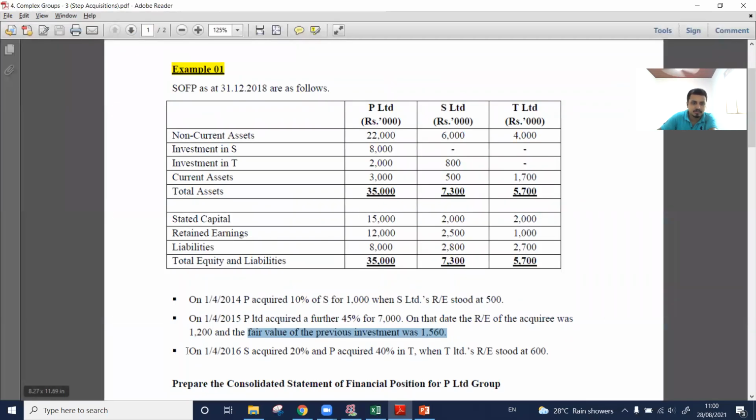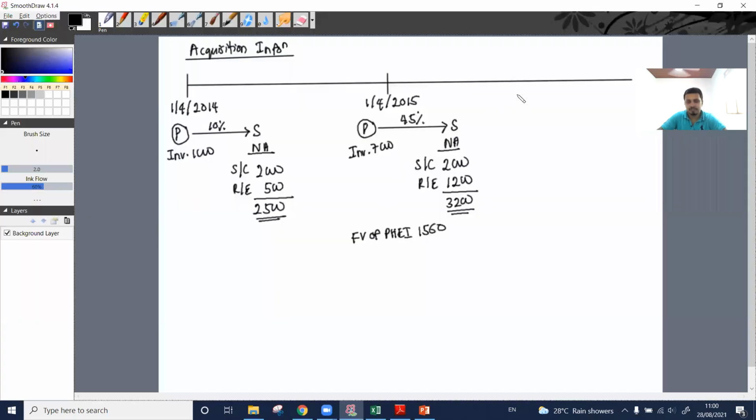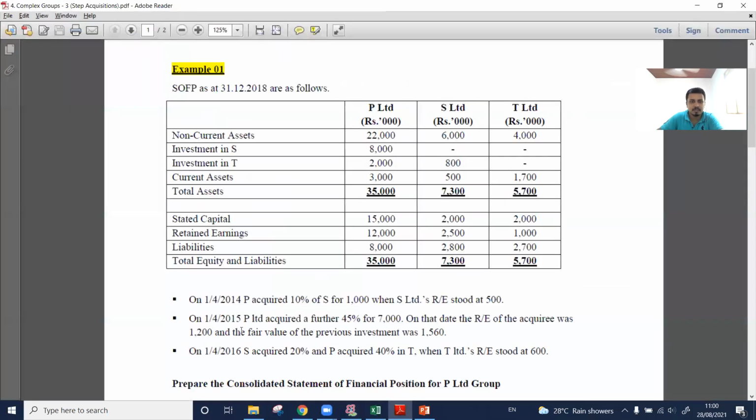Then here on the last bullet point, what it says, on 1st of April 2016. What has happened?